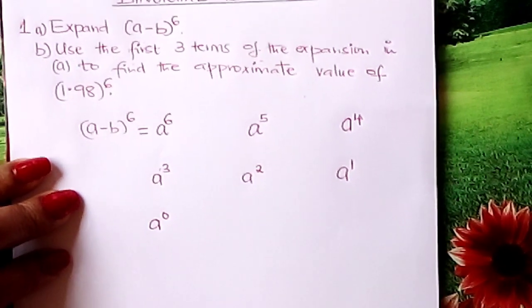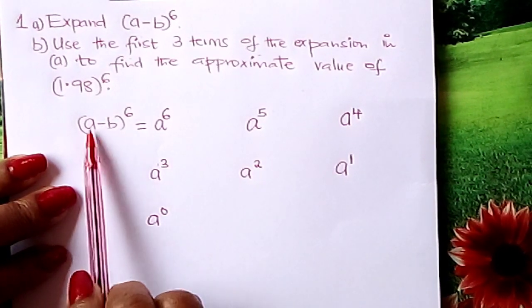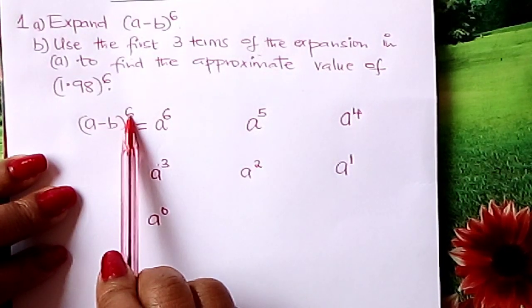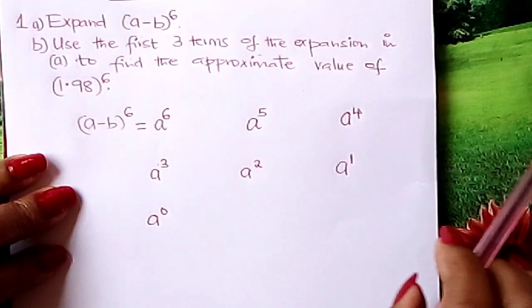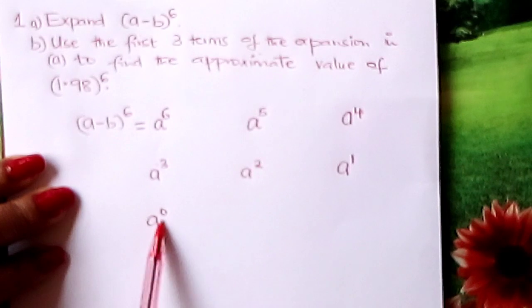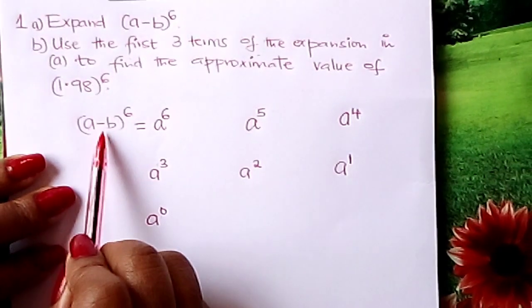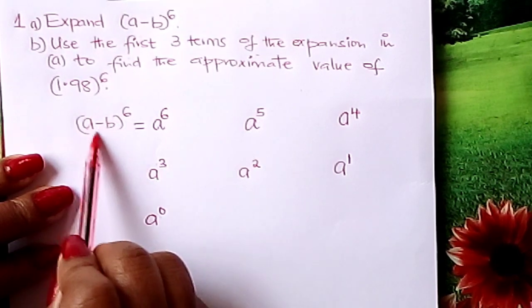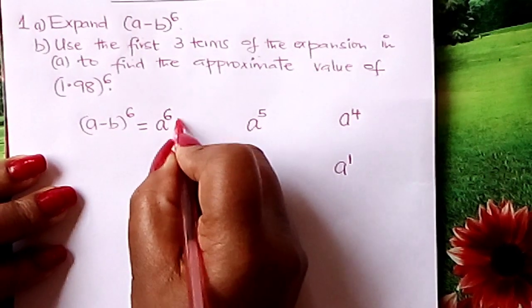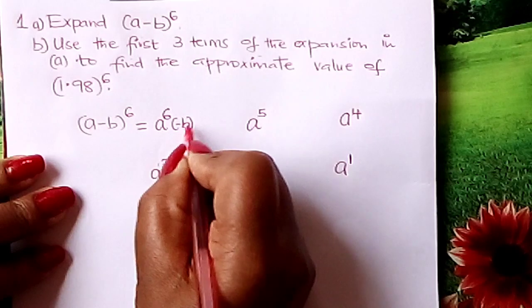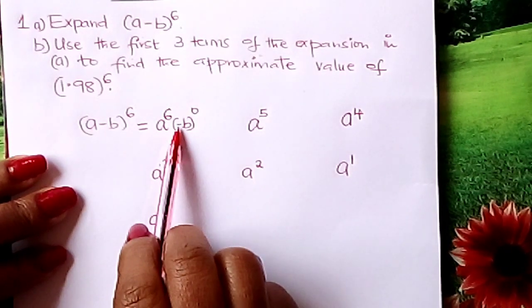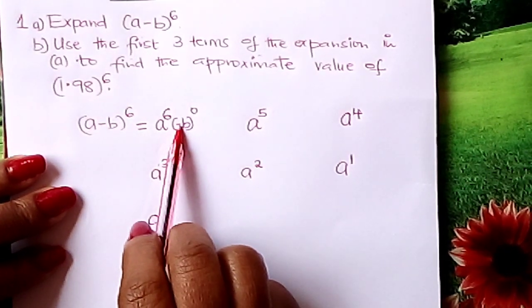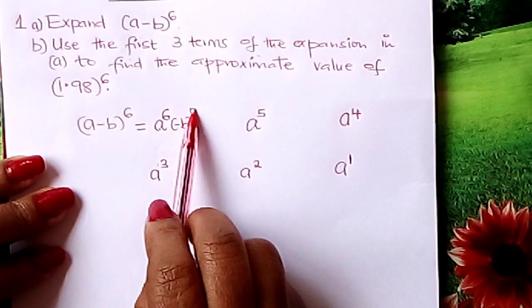Let me write it like this for the sake of understanding. You start with the highest power 6, and the power goes decreasing to the right all the way to 0. Then you take your second term, learner. The second term is minus b. Let it start with power 0, and you put it in brackets because of this minus. So minus b raised to 0.